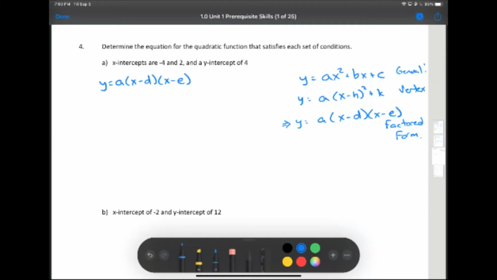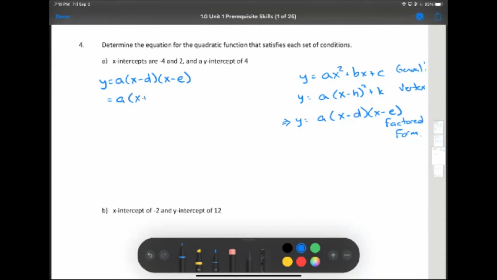By the way, d and e are completely irrelevant, like random letters that I chose. You can use whichever letters you like. And I can say now there's x-intercepts at -4 and 2. That's actually going to be my values for d and e. So this becomes (x plus 4)(x minus 2).